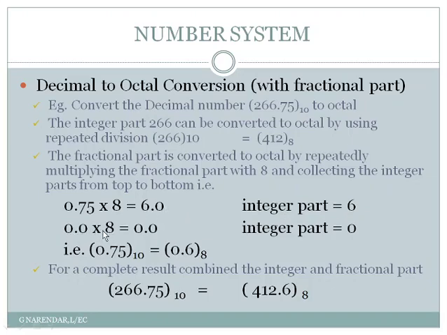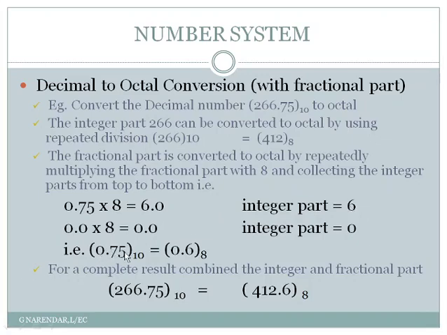Take this 0.0 and multiply again by 8, and you get the result 0.0. From this, you separate the integer part, which is 0. Since the fractional part is now 0, we stop here. Now collect the integer parts from top to bottom. That means the first integer part first, that is 60.